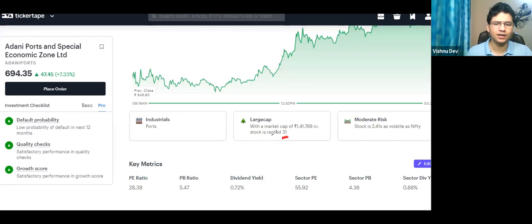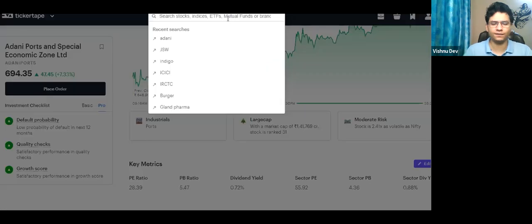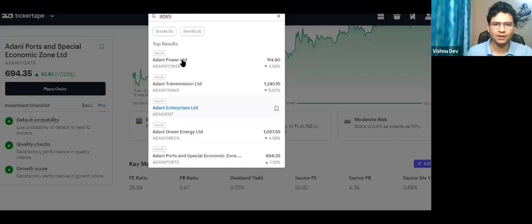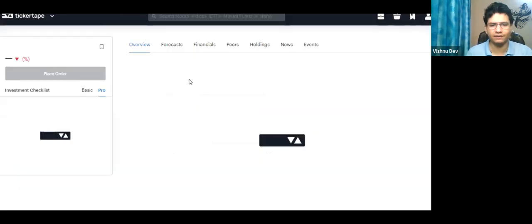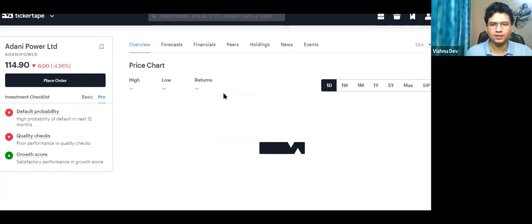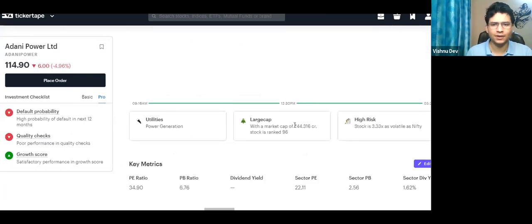But when you talk about some other company of the same group, for example, Adani Power Limited, this company is also large cap but ranked 96.